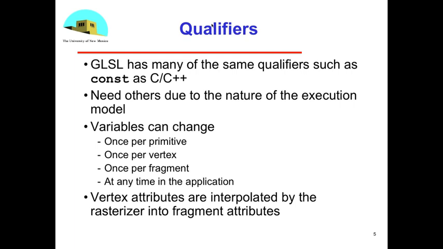So we're going to see examples of this, but typically if you have, say, red assigned to one vertex of a line segment and you assign blue to the other end of that line segment, and those two vertices go to the rasterizer, the fragment colors all along that line segment that are generated by the rasterizer are going to interpolate between red and blue, and so in the middle you'll see magenta and various shades that get you from blue to red or from red to blue. So we'll see that coming up in a minute or two.